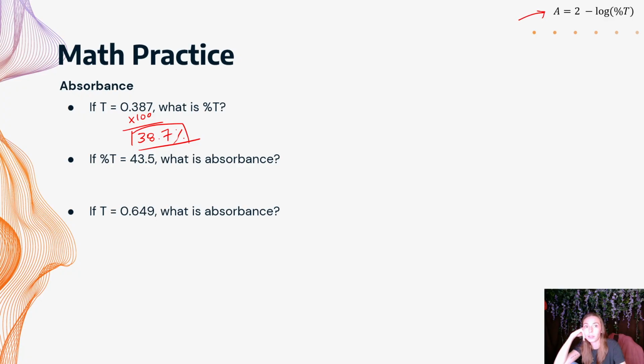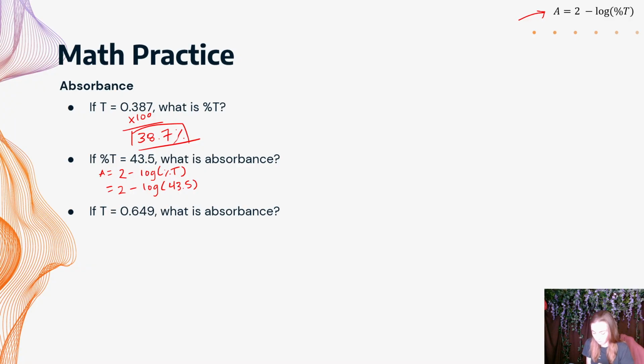All right, next question. If percent T equals 43.5, what is absorbance? Well, we have our formula up in the right-hand corner, but let's go ahead and just rewrite it down here. A equals 2 minus log of percent T. Which means this is going to be 2 minus log of 43.5.